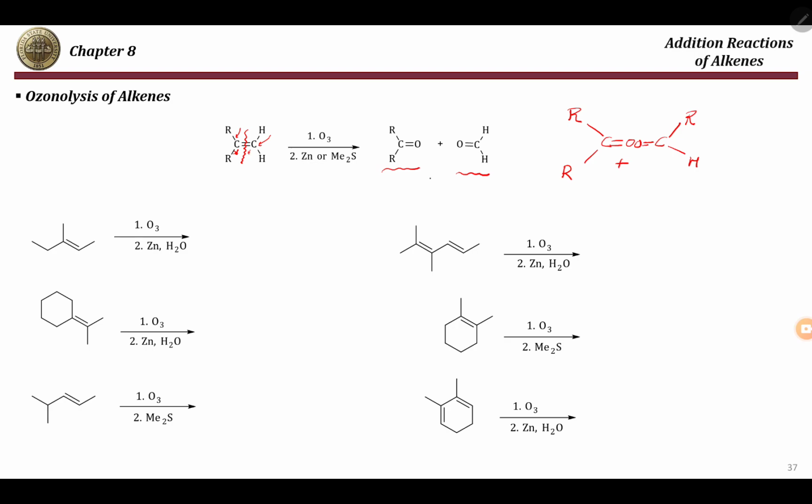So let's try to solve this example here. I'm going to cleave this bond. That's why I'm starting from the left side. So my double bond was here. I'll just put double bond O plus another oxygen. That's it.